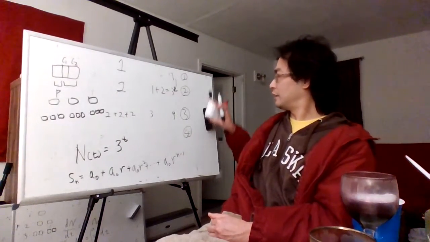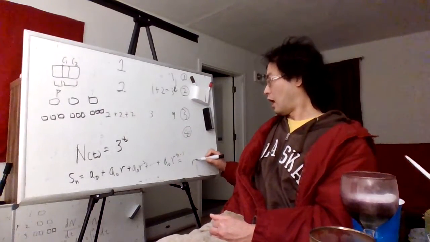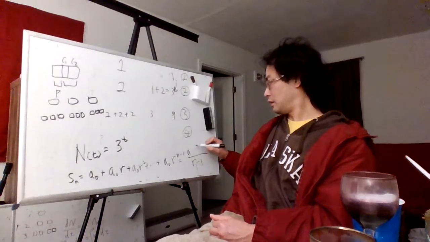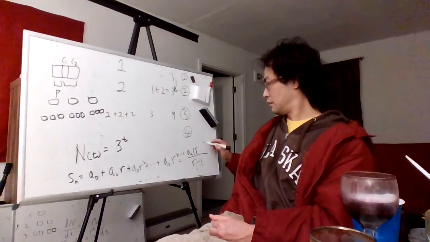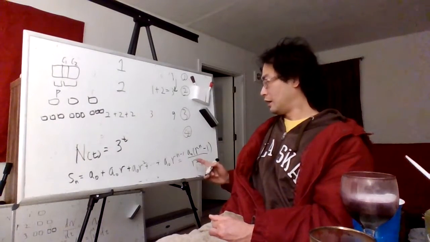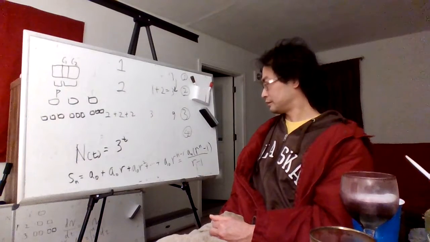Whatever. This is equal to a 0 times r, something like r to the n minus 1, something like that.